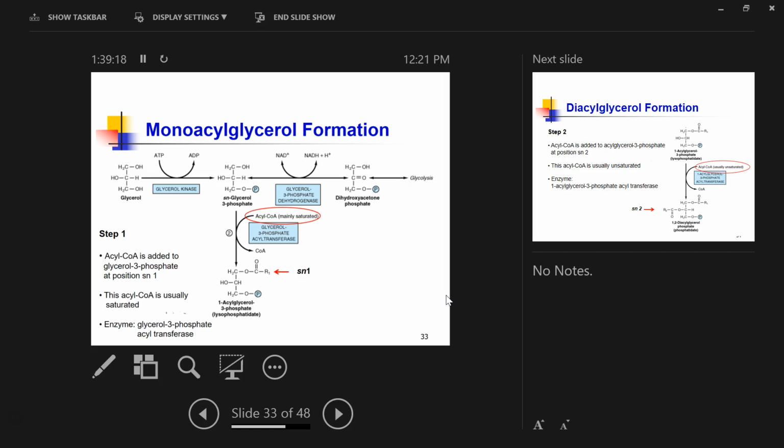The first reaction is adding the first fatty acid to the SN1 position by the enzyme glycerol 3-phosphate acyltransferase. Usually the first fatty acid added to the SN1 position is a saturated fatty acid, mainly saturated.